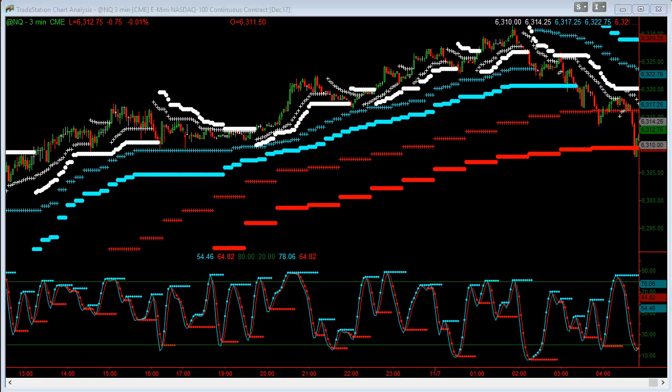Here you have the white and the blue, and you have an entry here where you're making lower highs in the stochastics. Your target would be this lower time frame, which is this ATR, potentially this congestion dot area.